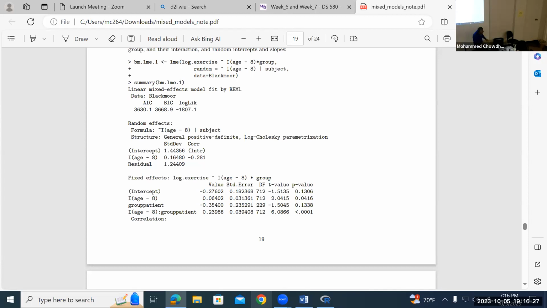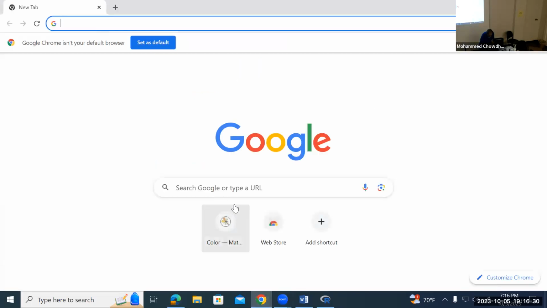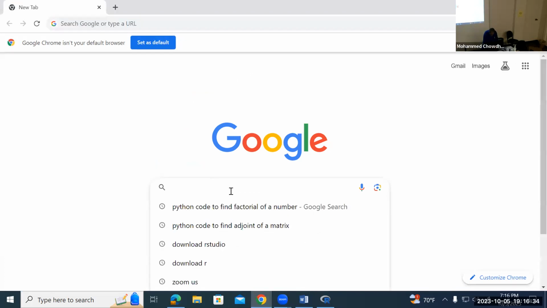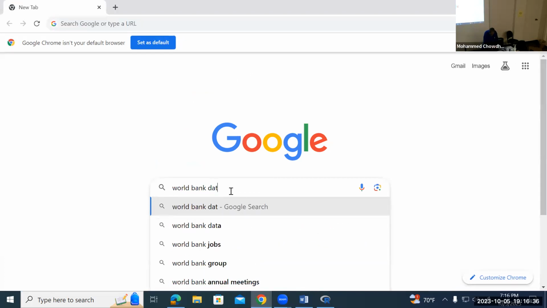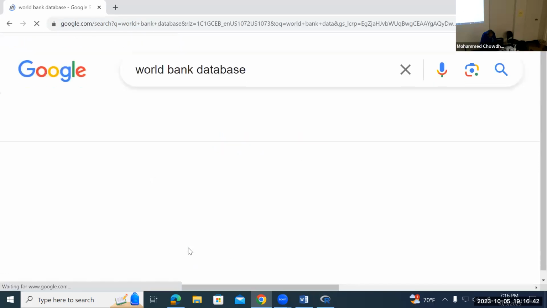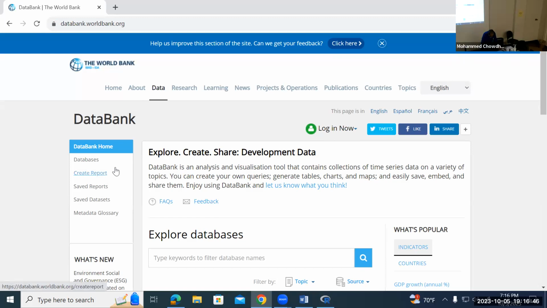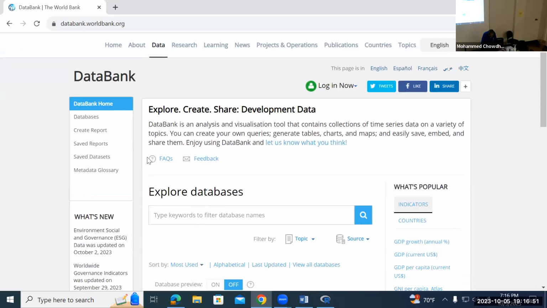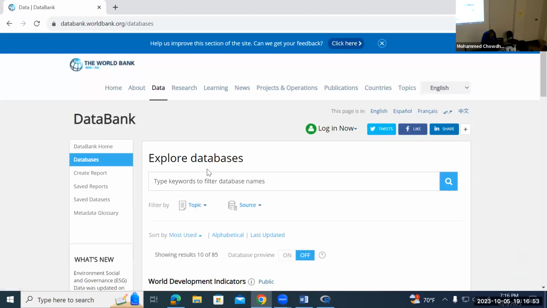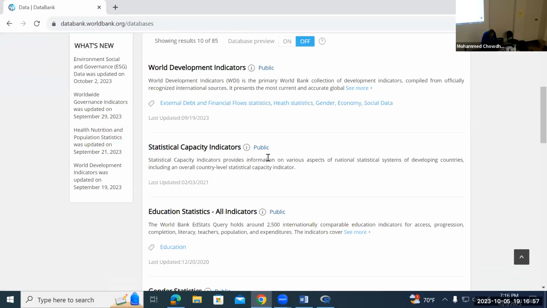So let me see if I can help you quickly. World Bank database. Let me see. Data bank, World Bank. There is a keyword that I have to mention.